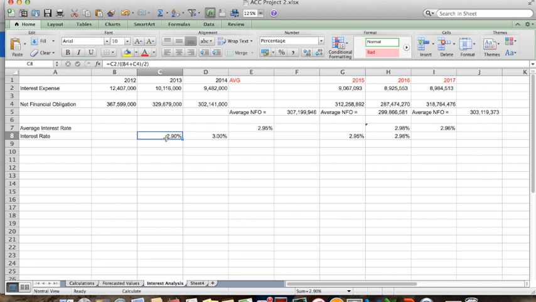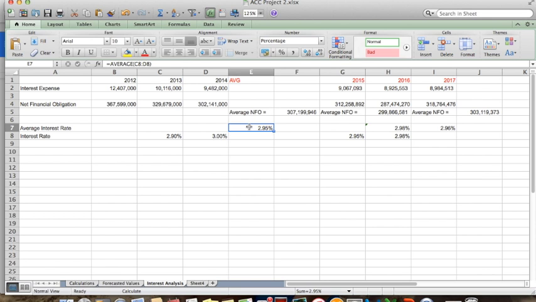Once you have found the interest rate, you need to find the average interest rate, and that is found by taking the average of these two interest rates. So 3% plus 2.9% divided by 2 gives you 2.95%.